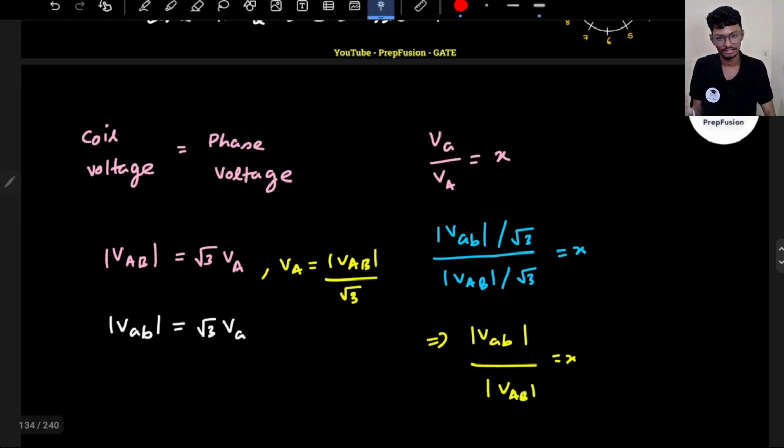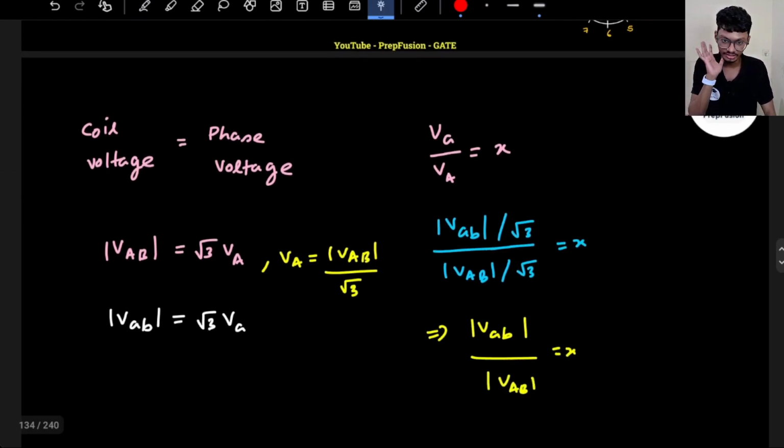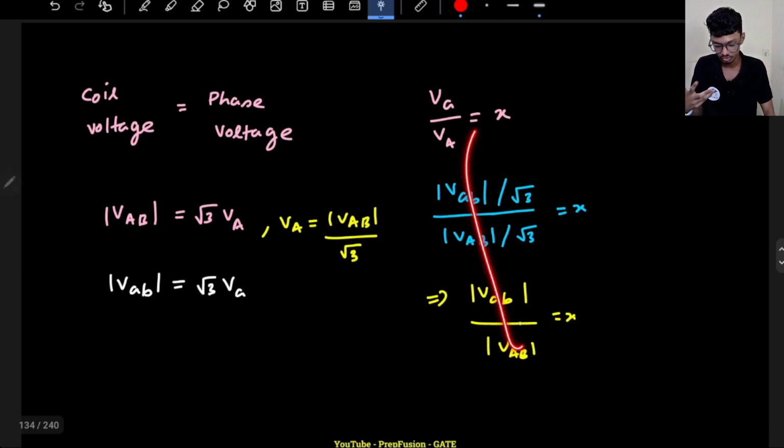Automatically it will be in your brain anyway. For star-star connection the line voltage and the phase voltage ratios do not change. For delta-star these things will change as we move along. Okay, so I hope you have understood this basic point.